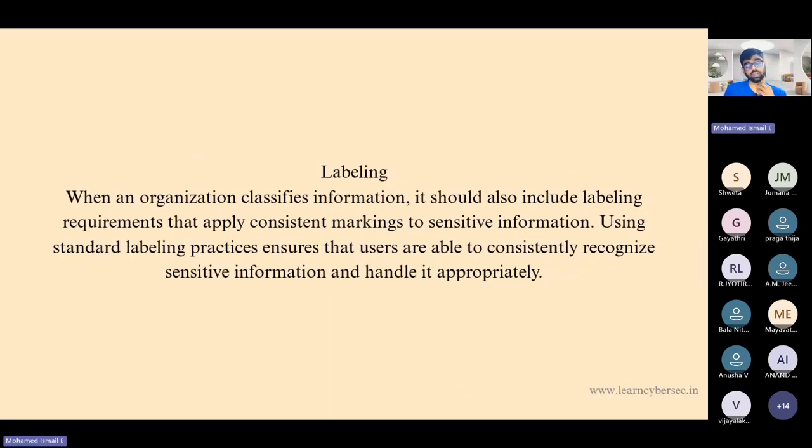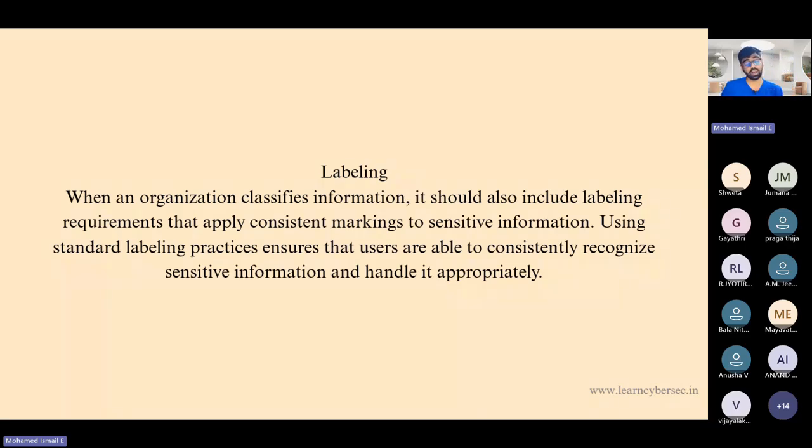Now come to labeling. Once the data is classified, the classification is to be labeled in the WordPad or PDF or whatever document they are making; that label has to be added. Microsoft introduced the labeling feature. You can just go to Google and search for Microsoft MIB labeling feature. You can see videos about how to create labeling.